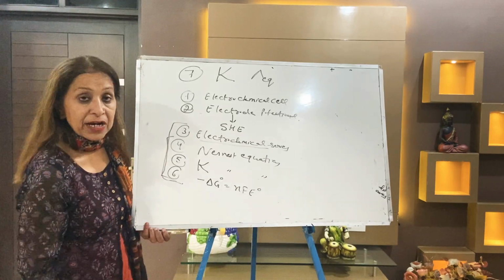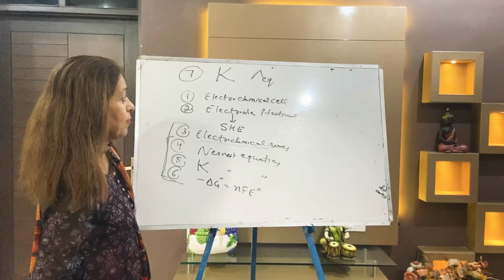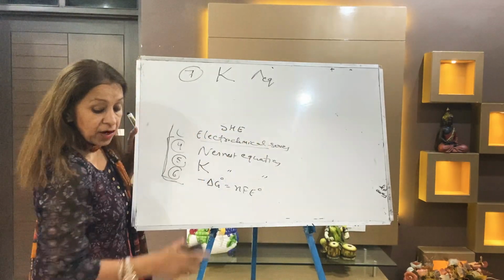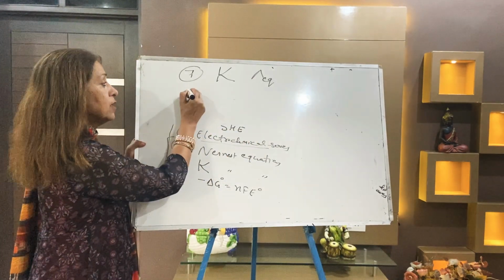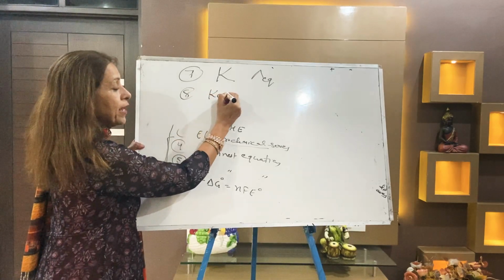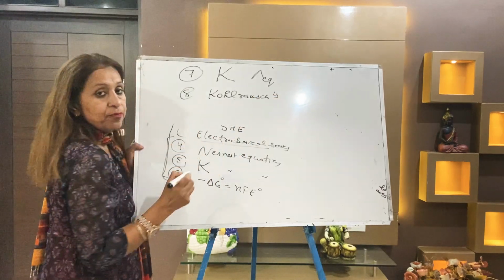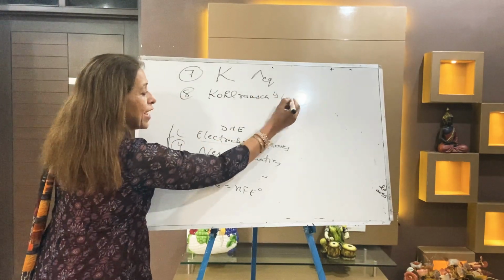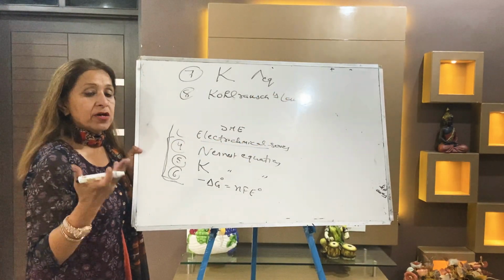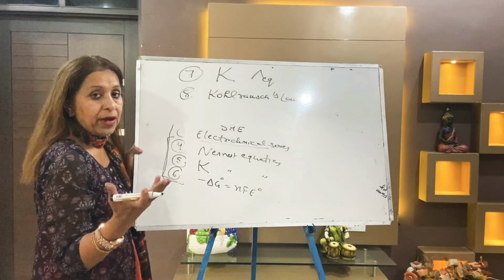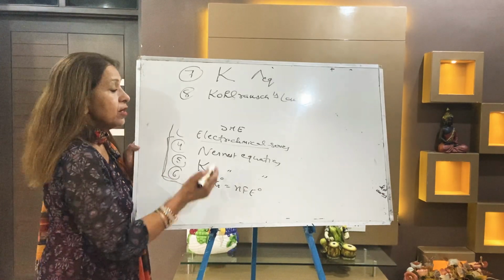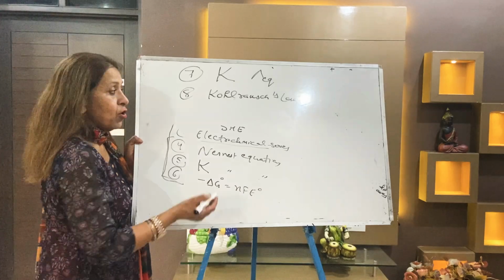What is the effect of dilution on them, and so on. After that there was a graphical portion, that is Kohlrausch's law. This law was used to calculate the equivalent conductance of a weak electrolyte at infinite dilution, along with the applications of Kohlrausch's law.